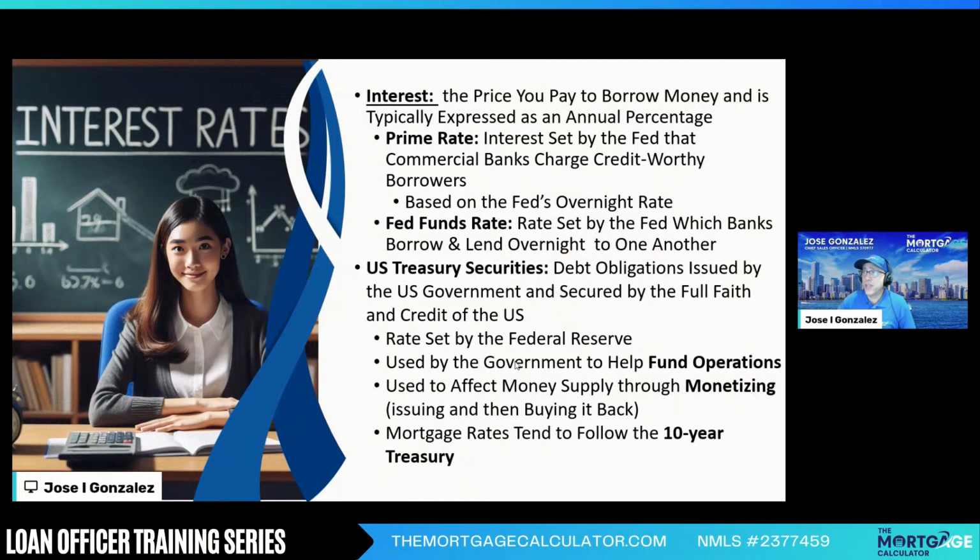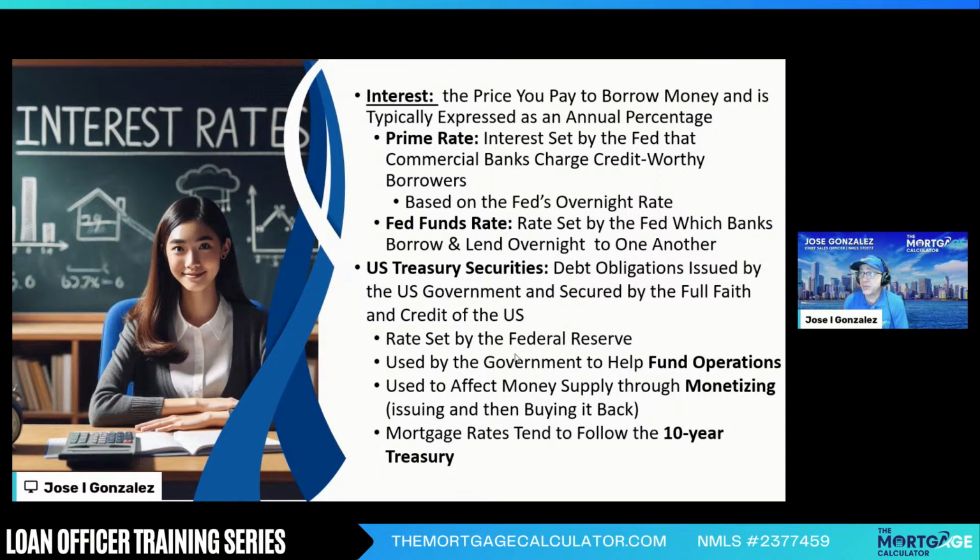So we all know that interest is the price that an individual pays to borrow money, and it is typically expressed as an annual percentage rate. Now, with that being said, let's analyze the components here that the Fed controls. Well, one is the prime rate.